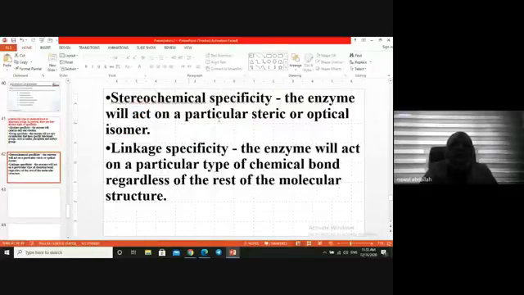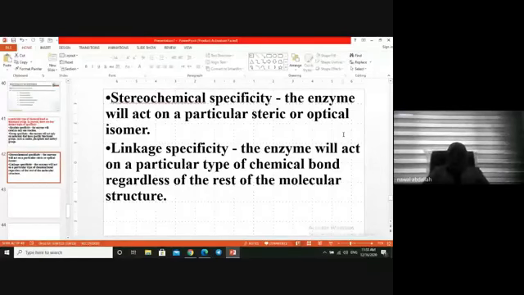Stereochemical specificity: the enzyme will act on a particular steric or optical isomer. Linkage specificity: the enzyme will act on a particular type of chemical bond regardless of the rest of the molecular structure.